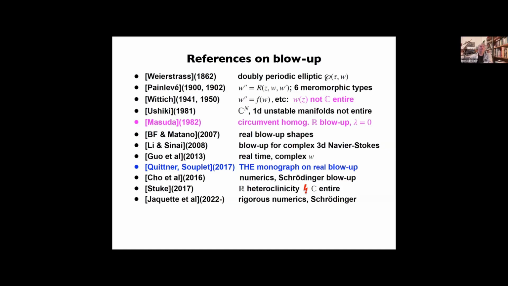Well, first of all, it is difficult to establish blow-up in imaginary time, in these Schrödinger type equations. I mean, what these guys did was they did computer-assisted proof in finite Fourier spaces.